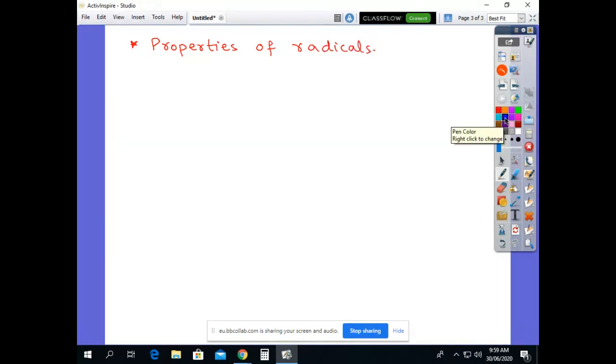The first property: if we have two real numbers a and b, and we have the nth root of the product of the two real numbers, then we can write it as the nth root of a multiplied by the nth root of b.